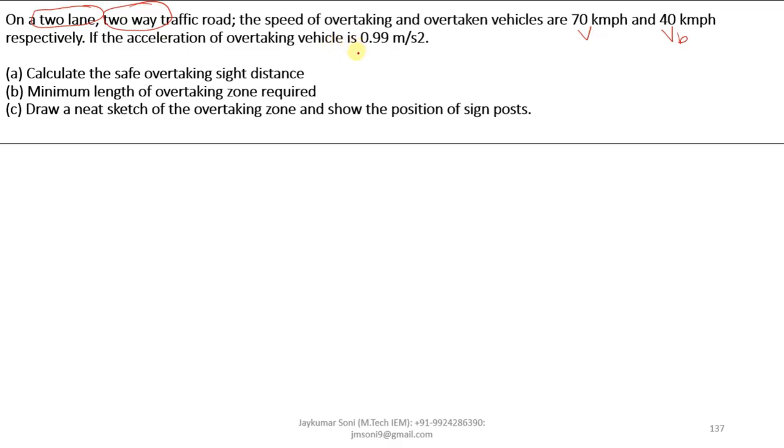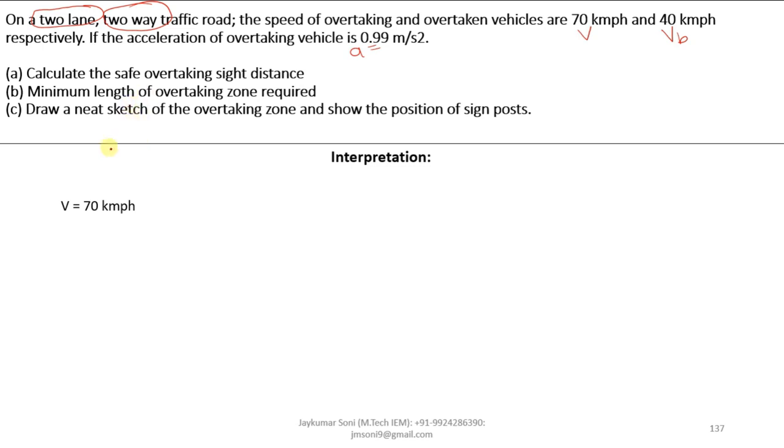The acceleration value small a is given over here. We need to calculate the safe OSD, the minimum length of overtaking zone, and draw the sketch of the overtaking zone with the signpost position. So let us first interpret this statement.